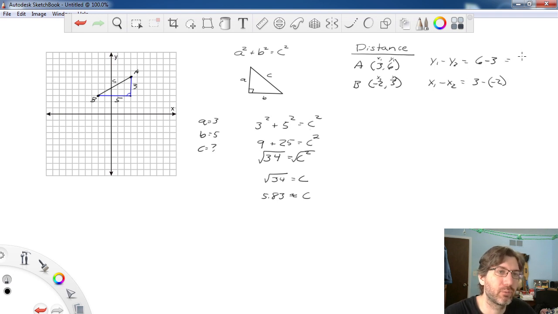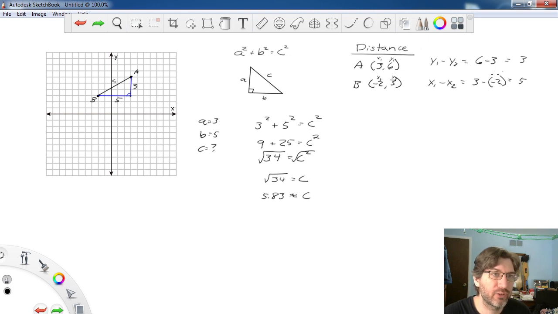This is going to equal 3, and this is going to equal 5. And you'll note there's your 3 and there's your 5. So just keeping that in mind, we now have our a and b values.